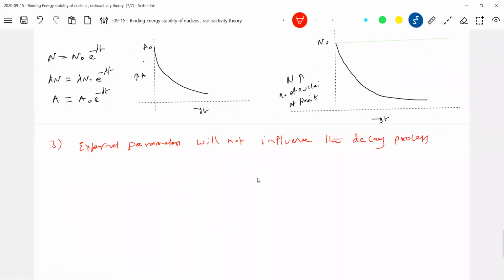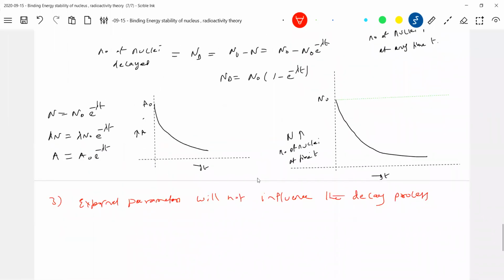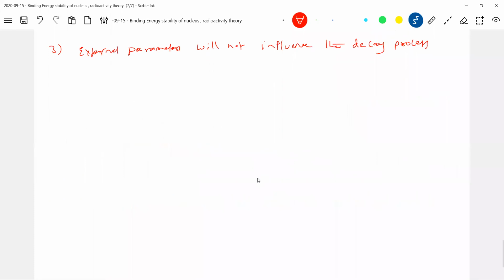Okay, this is the first thing I brought: activity and the number of decays. You plot the number of decays versus time graph. I think it will touch at infinity, no?